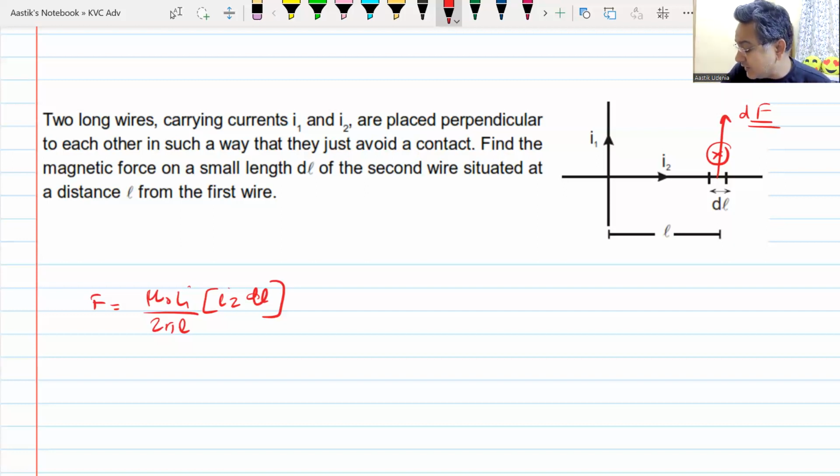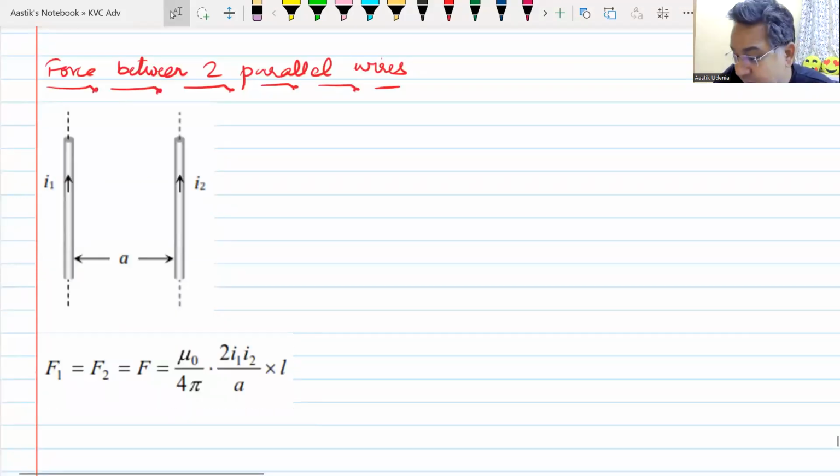If I consider a length L of the other wire, the force would be equal to mu naught by 2 pi into I1 I2 by A into L. Yes or no? Do we understand this?